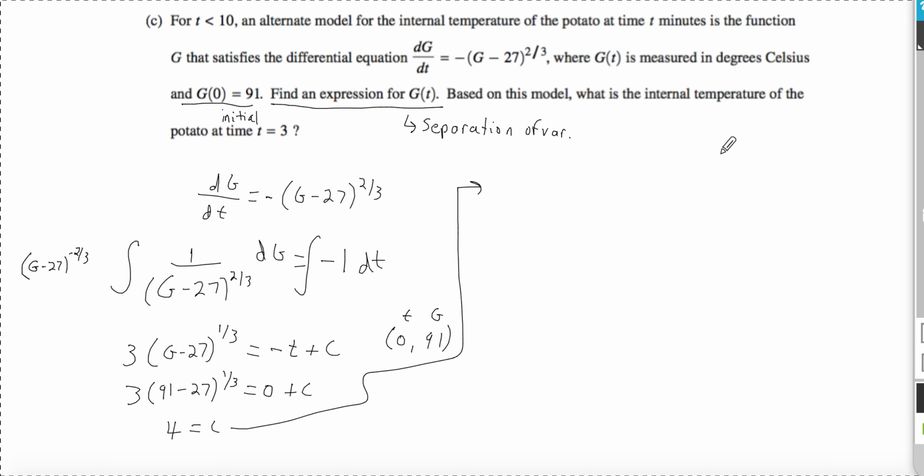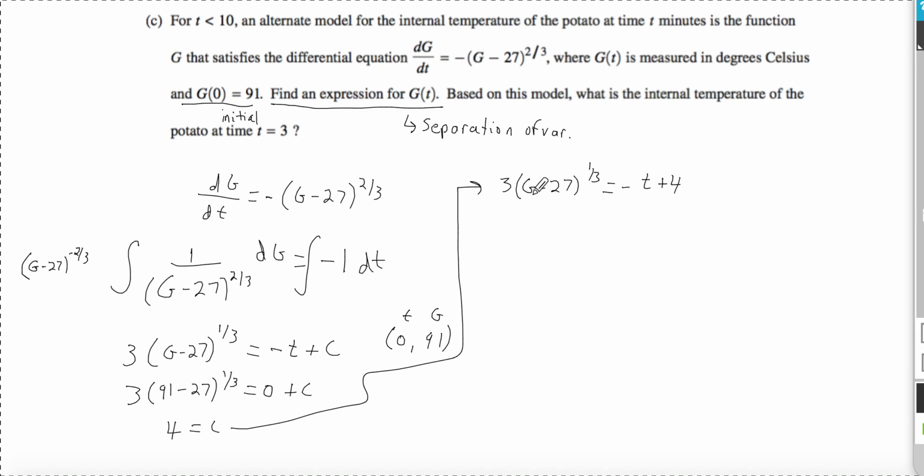Okay, I'm going to drag this over here. I now know what c is, so I know 3 times (g minus 27) to the 1/3 is going to be equal to negative t plus 4, because I know that c is now 4, right?